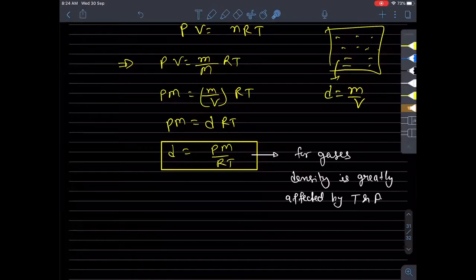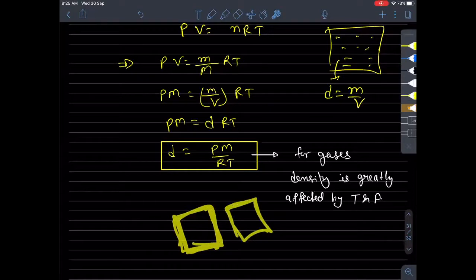But if you change the pressure from 1 atm to 2 atm, simply changing the pressure will double the density, provided the temperature is constant. That impact will never be observed with any normal solid or liquid.